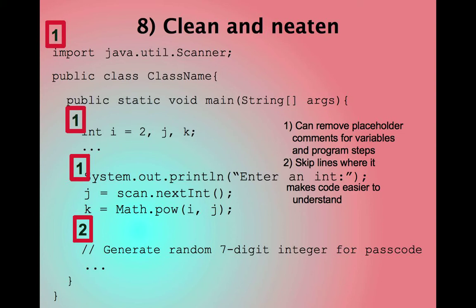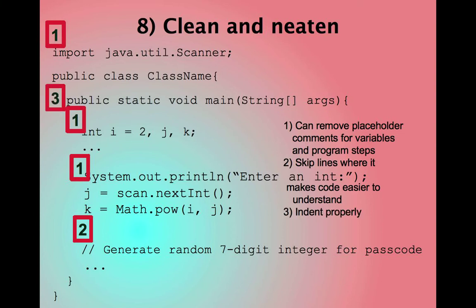For example, the three statements we have here, System.out.println enter an int, j equals scan.nextInt, and k equals Math.pow i to the jth power, all those things go together because they're all related to one another. But once we move on to the next part of the program where we're generating a passcode, that's probably conceptually separate, so we might want to skip a line in order to indicate that conceptual separation in a visual manner.